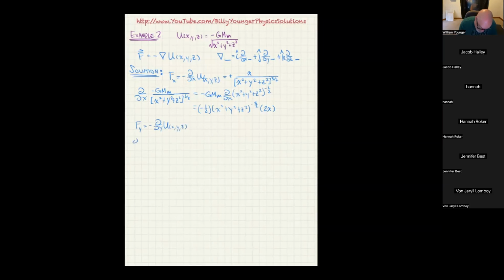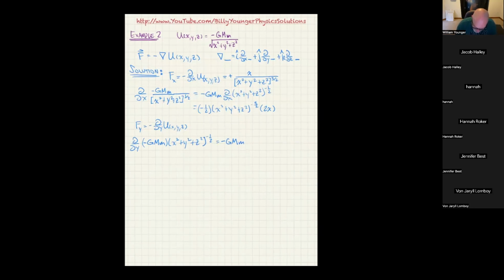And I can say the partial with respect to y of, now I'm going to go ahead and write it a little more conveniently, negative GM times x squared plus y squared plus z squared to the -1/2 power is going to give me negative GM. Oops, I lost that GM up there a second ago. I should probably fix that. I will fix that in a second. So I do have the GM here.